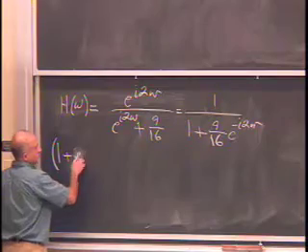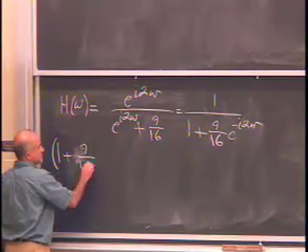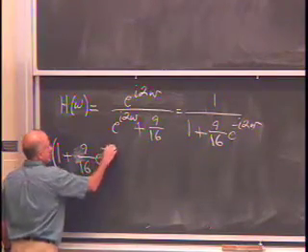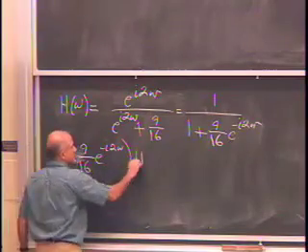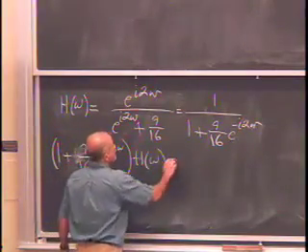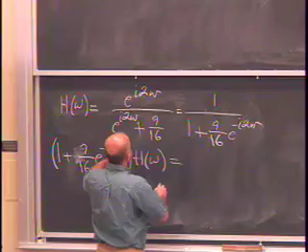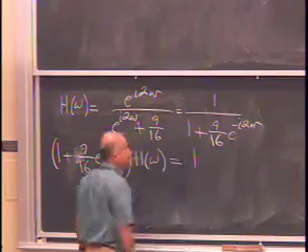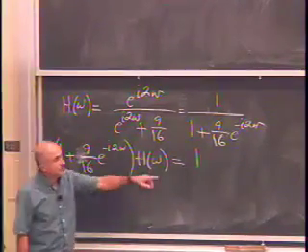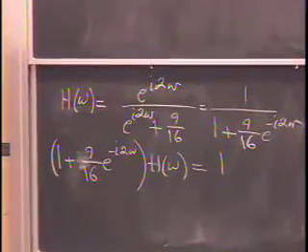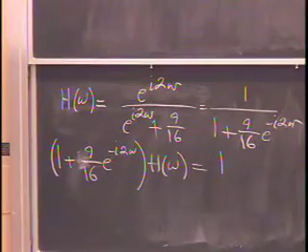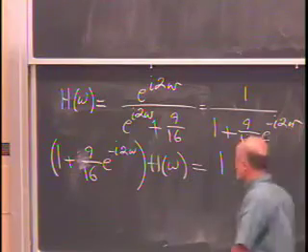I have 1 plus 9 over 16 e to the minus i 2 omega, and the whole thing multiplies H, equal to 1. Over here, what did you have? 1 minus alpha e to the minus i omega times H equals 1. So what's the difference equation?